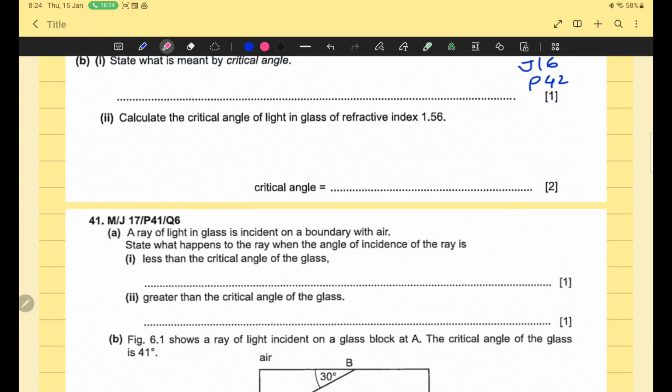Faria, calculate the critical angle, given the refractive index. Can you tell me the formula between refractive index and critical angle?